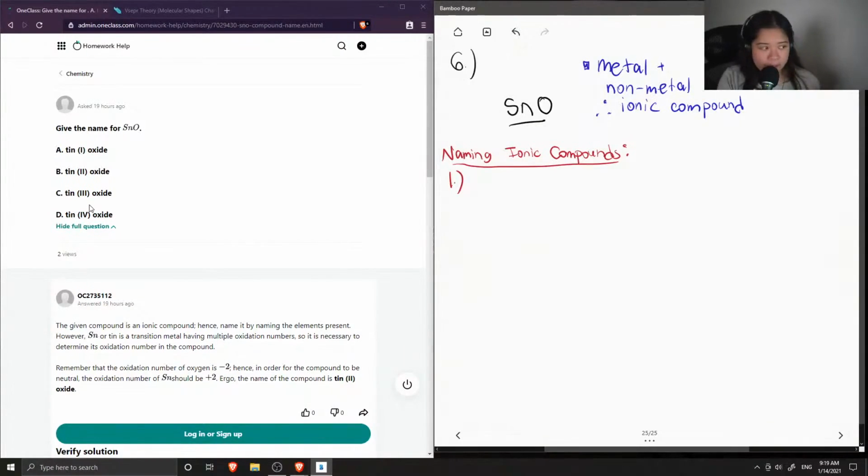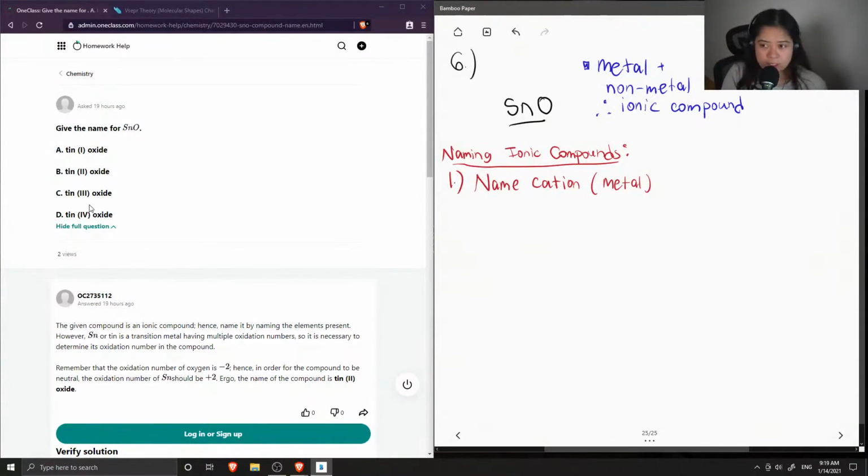So when we name ionic compounds, we first want to name our cation. Cations are the positively charged ions. For the case of our example, this is your metal.